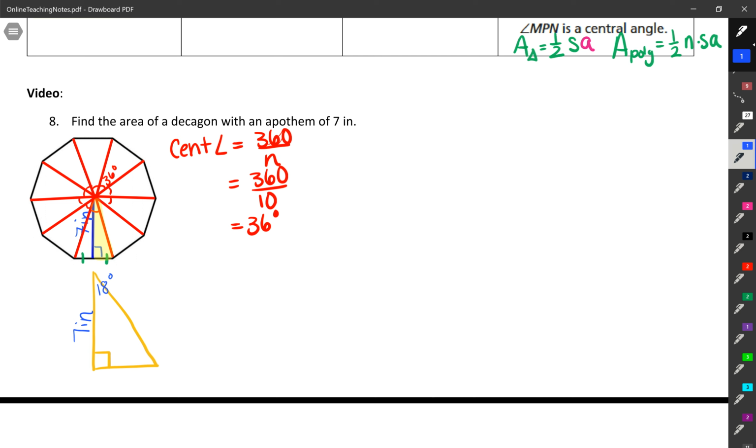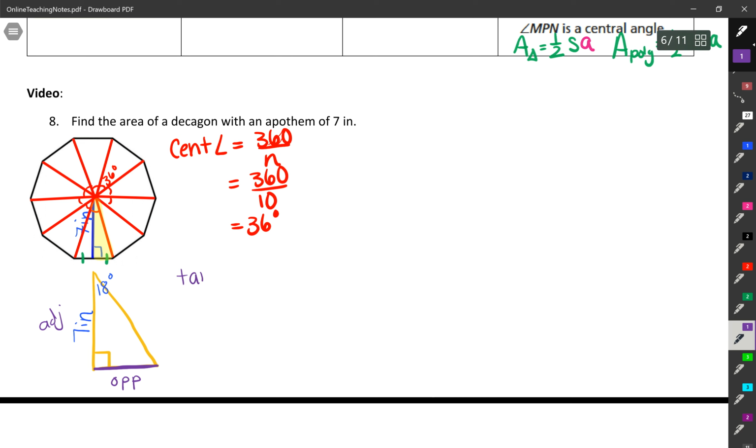And now what we can do is we can use our trigonometry to find the length of this segment here of the triangle, the purple one. So if I'm using the 18 degrees, this is the opposite side, and the 7 is the adjacent side. So the trig function that uses opposite and adjacent is tangent.